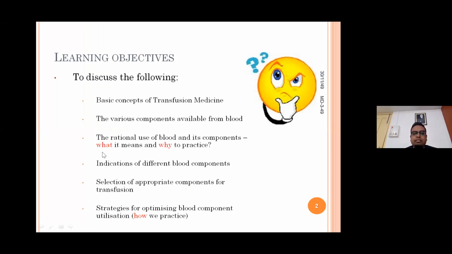So here we will discuss the what and why, indications of different blood components, selection of appropriate components for transfusion, and then finally some strategies for optimizing the blood component utilization. So here we'll talk about how we will practice rational use of blood and components, or how we would go about rationalizing the practice of blood component usage.